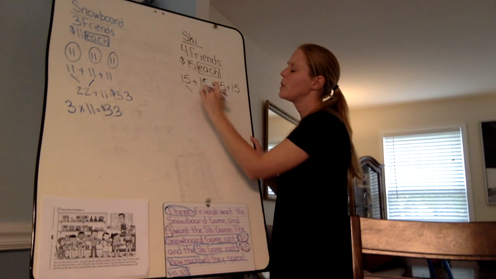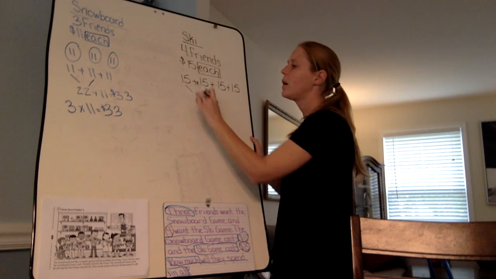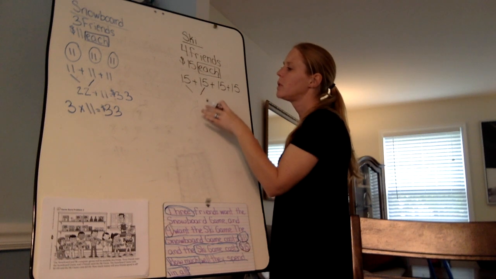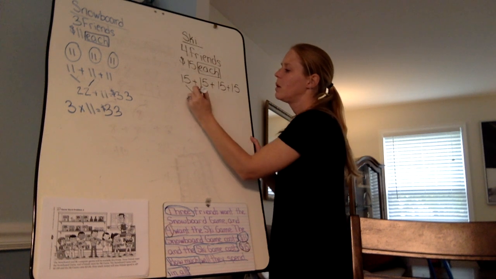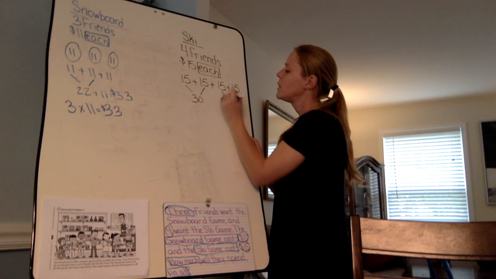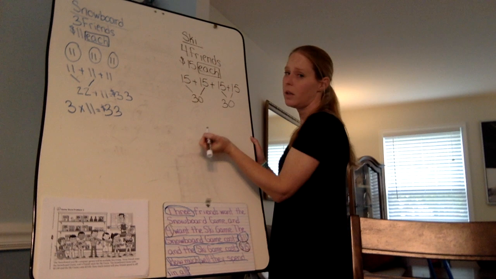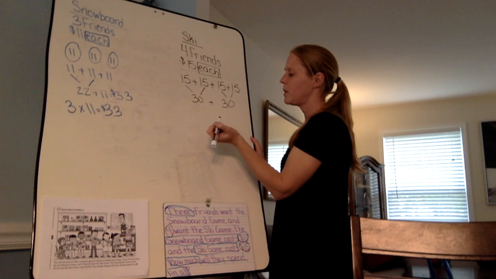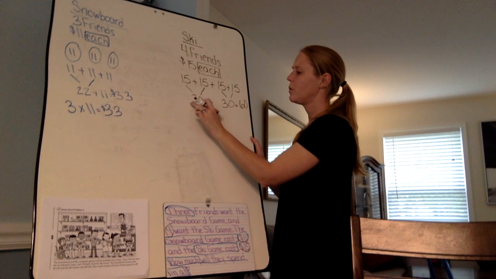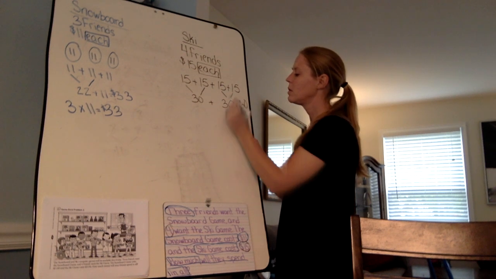Well, 1 ten plus 1 ten is 2 tens, but I have 5 ones plus 5 ones. 5 plus 5 is 10. So 10 plus 20 is 30. And then 15 plus 15 is 30 again. 30 plus 30 is 60. 3 tens plus 3 tens is 6 tens.